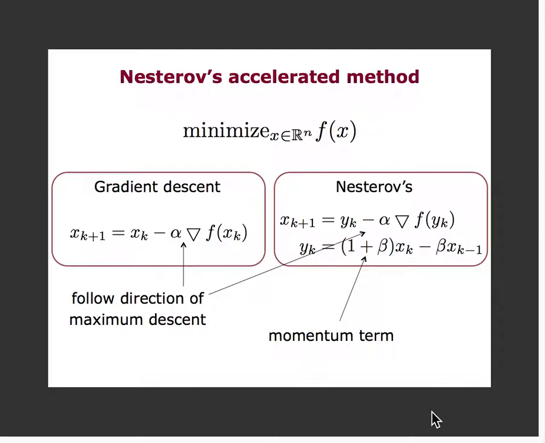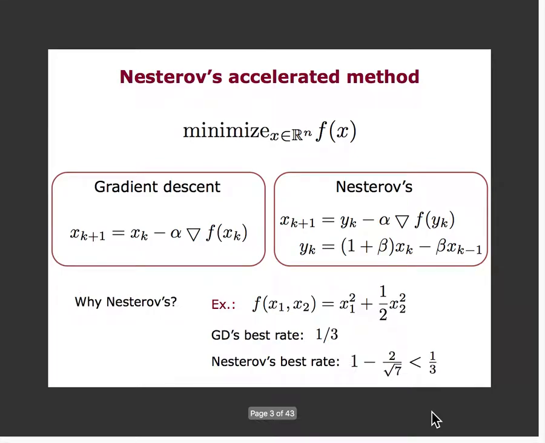And now, not only do we have a step size alpha, but we have a parameter beta that controls this momentum term. So why do we care about Nesterov's algorithm? Well, because in general it has a faster convergence rate. In fact, you can prove it has faster convergence rates than gradient descent if you properly tune both.